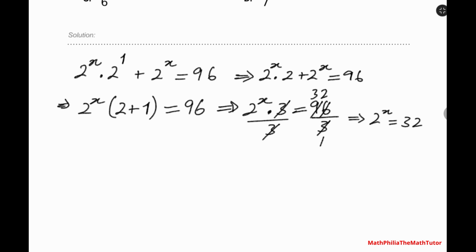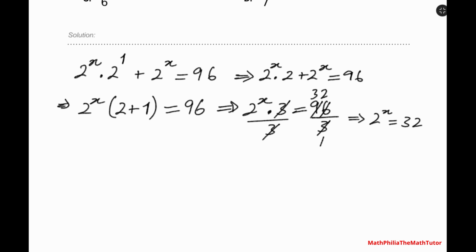Now, because we are dealing with indices or exponents, we have 2, and then the exponent is x. It's raised to the power of x, but we have 32 here, so we have to change 32. We have to convert it into indices because we are dealing with indices or exponents. So what is 32? 32 is the same as 2 raised to the power of 5.